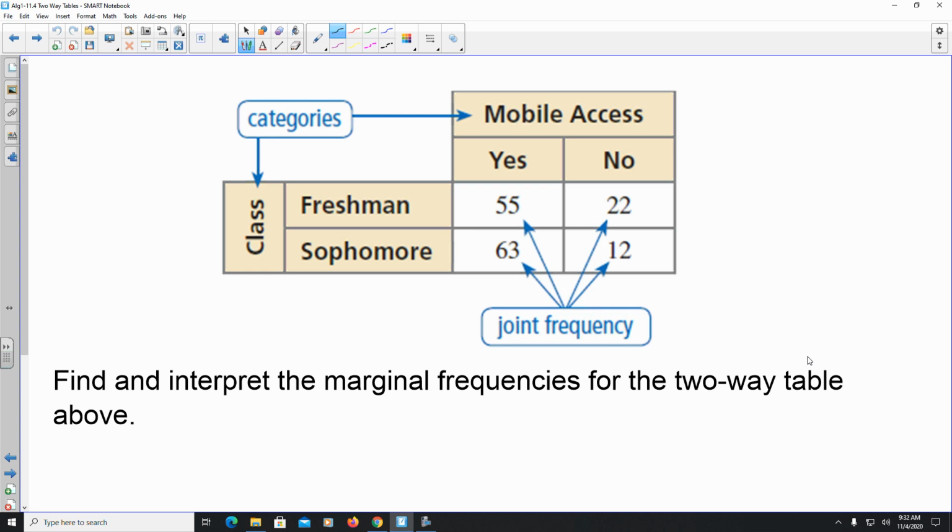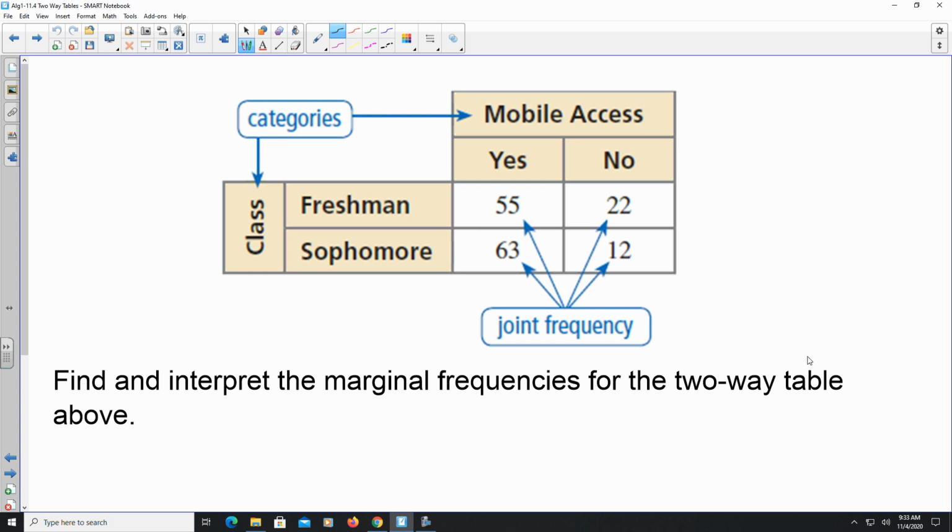The question that was posed was, as a freshman or a sophomore, do you have access to a mobile device?